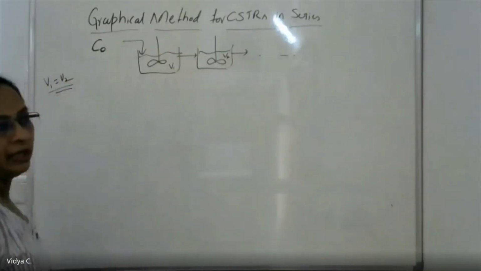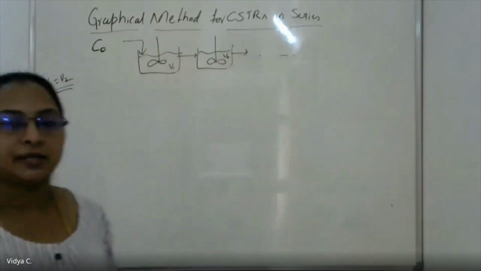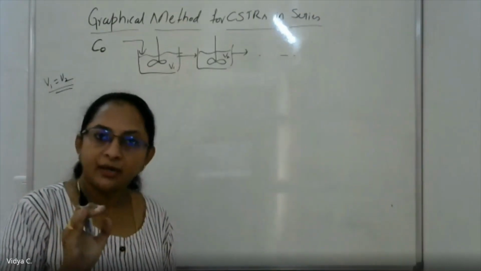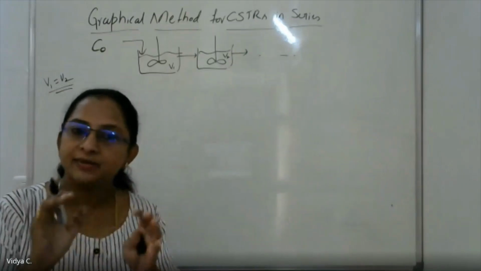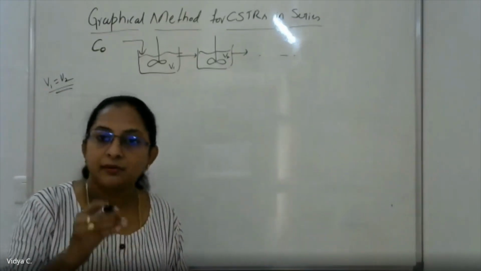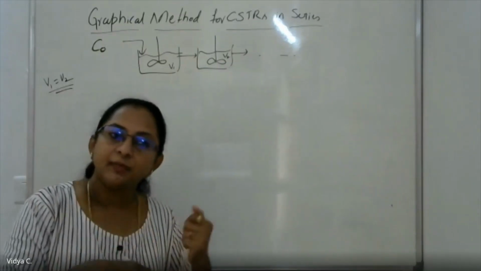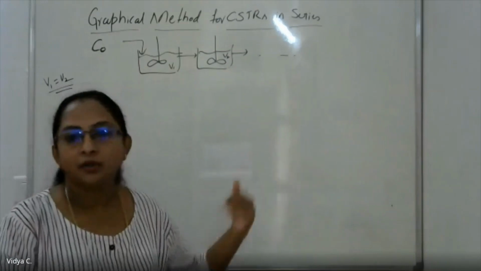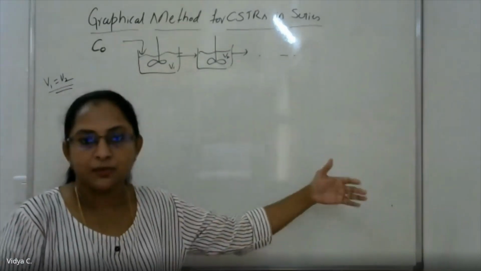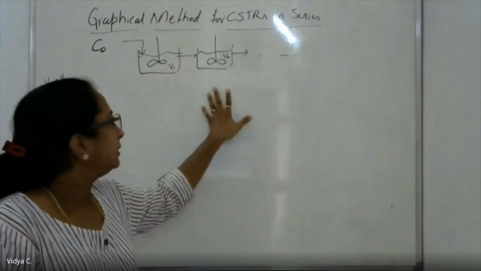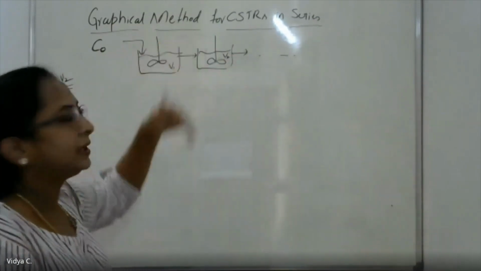Usually in industries, when we are connecting multiple CSTRs in series, we try to have same sized reactors. But very rarely, in some cases, we may have to use different size reactors. For that case, I'll go next. Let me just complete the graphical method for the reactors which are equal in size.